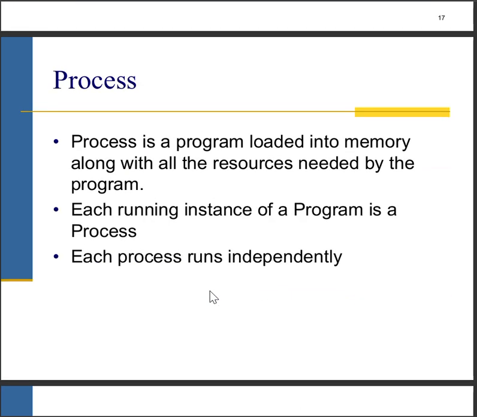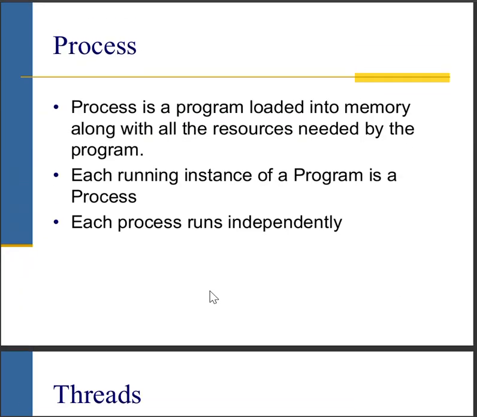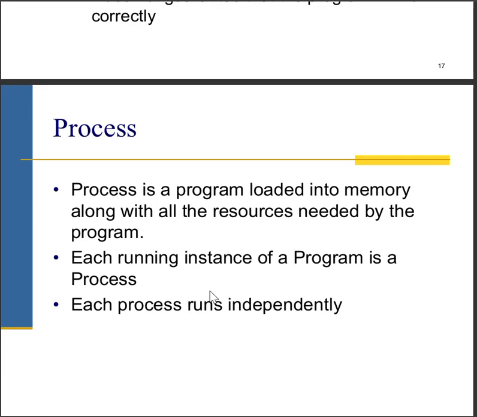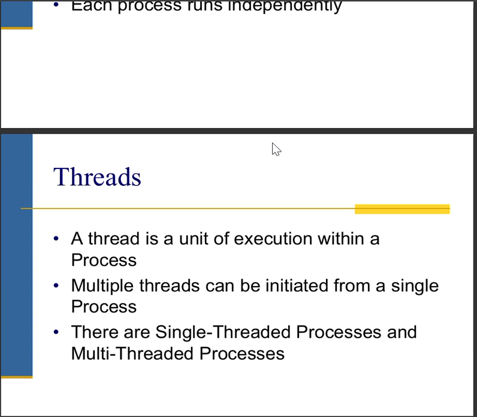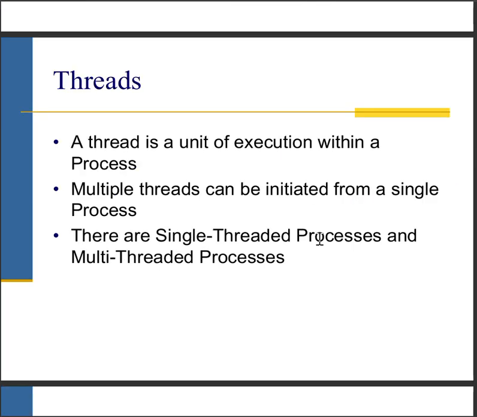So this is processes and threads. A process is a running instance of a program with all its resources. A thread is a smaller unit within a process. We can have single-threaded, as you can see here, or multi-threaded processes.